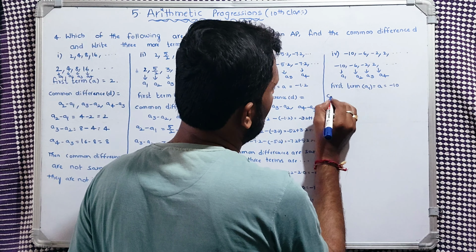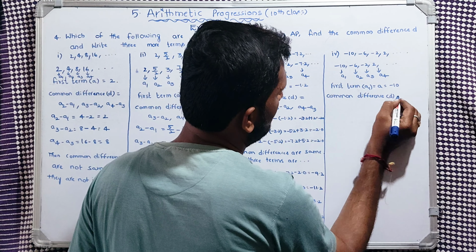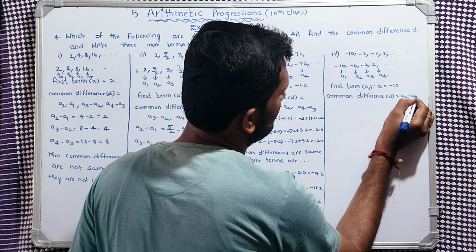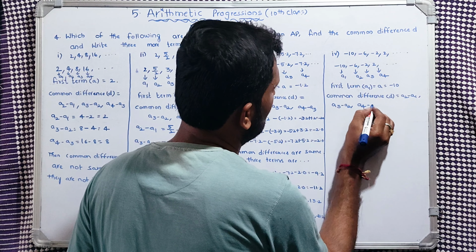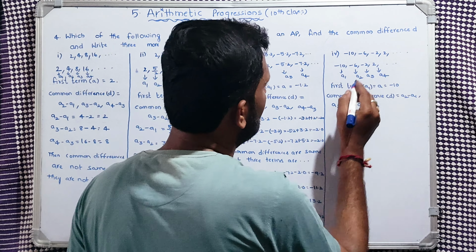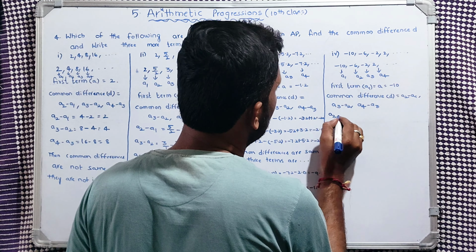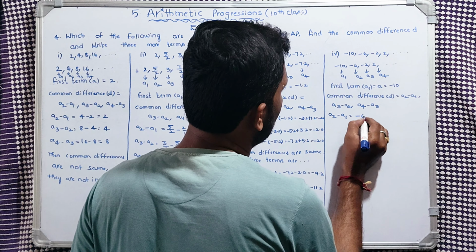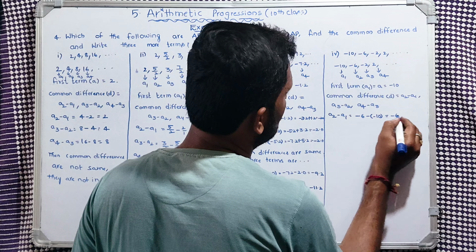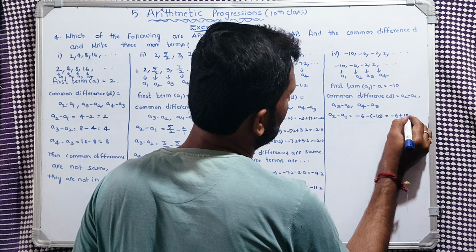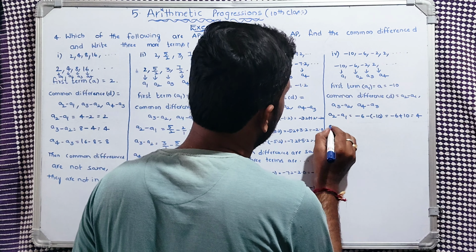Common difference D equal to A2 minus A1, A3 minus A2, A4 minus A3. A2 minus A1 equal to minus 6 minus minus 10, which is minus 6 plus 10 equal to 4.